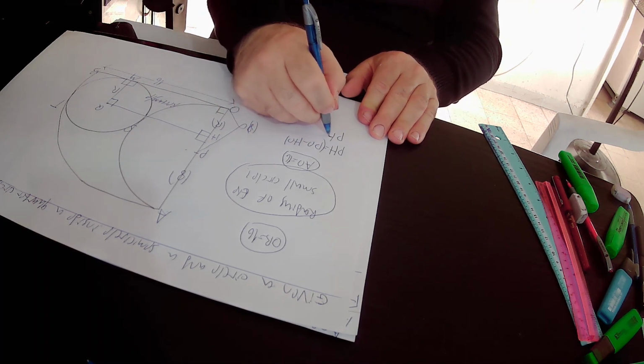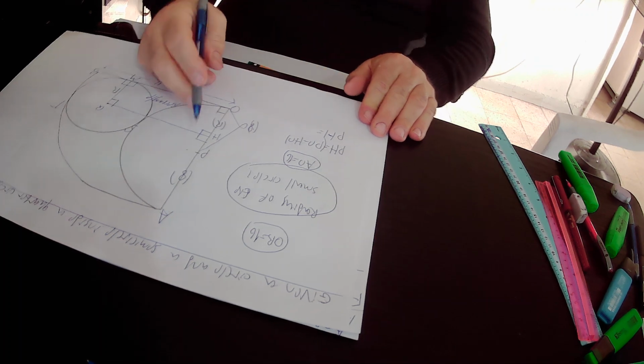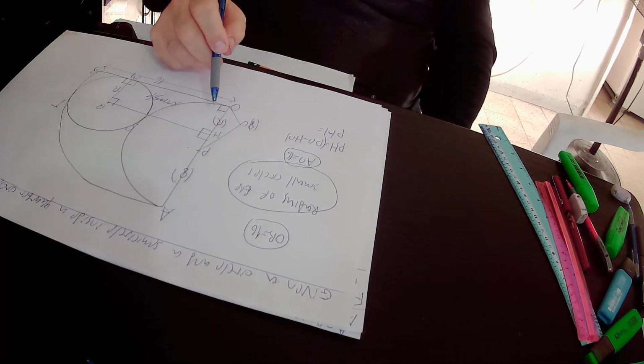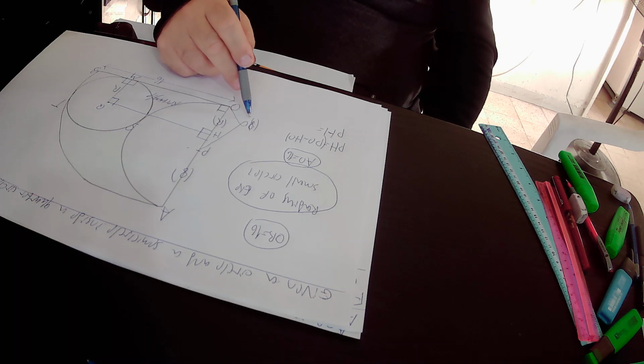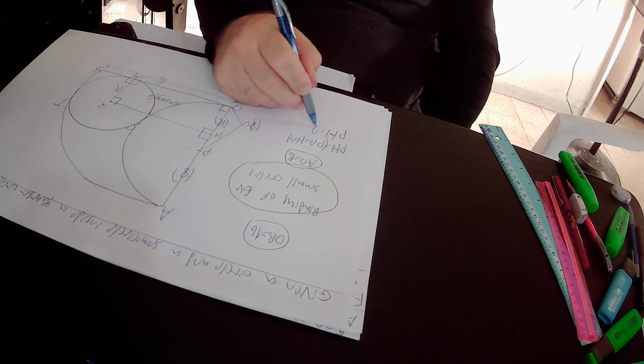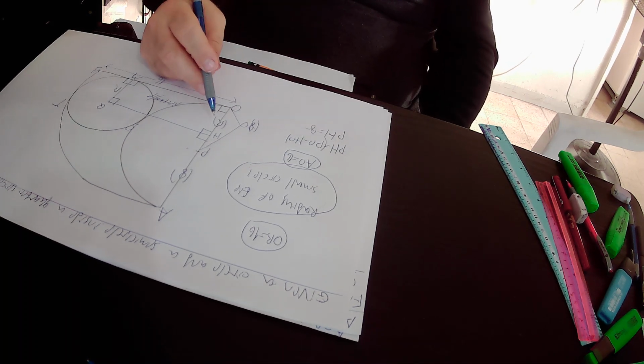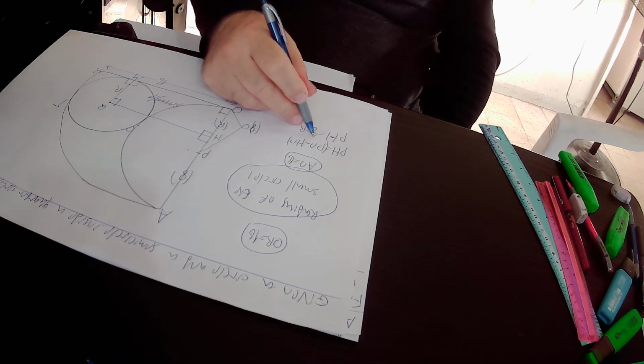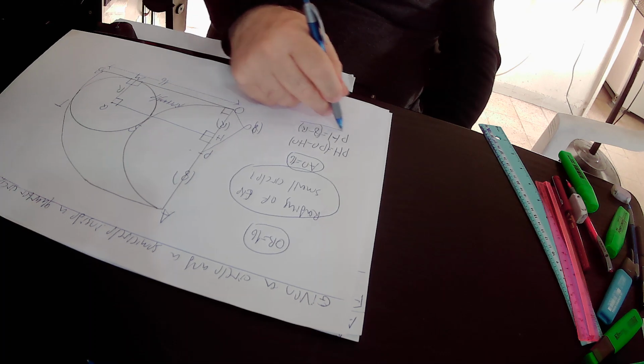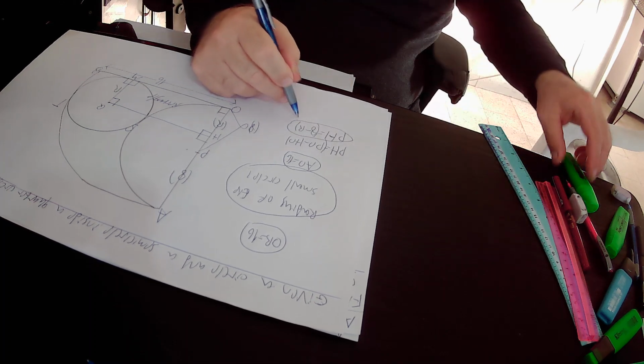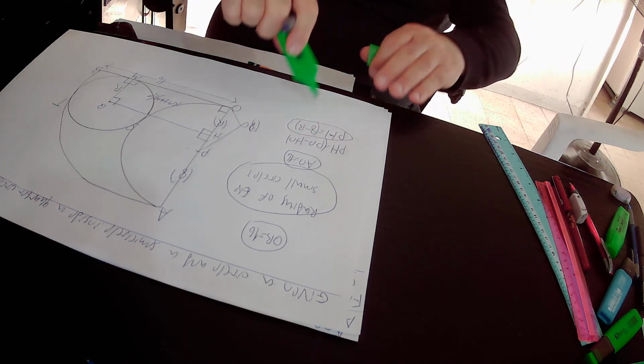PO is the radius of the semicircle, that is equal to 8, minus HO. We just write down further that HO equals R. So in total, PH equals 8 minus R.